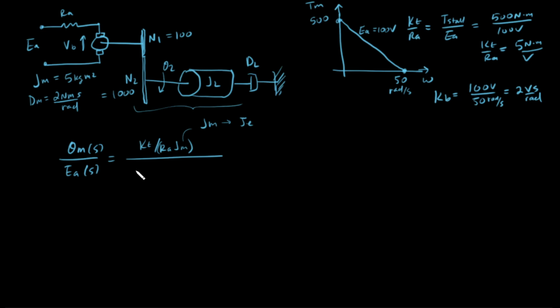And this is equal to S times S plus 1 over JM times DM plus KT KB over RA. Okay, and again, we can replace the JM and DM with JE, and DE can replace DM. I'll show you how we do that, and we'll come up with exactly the same equation. Okay.